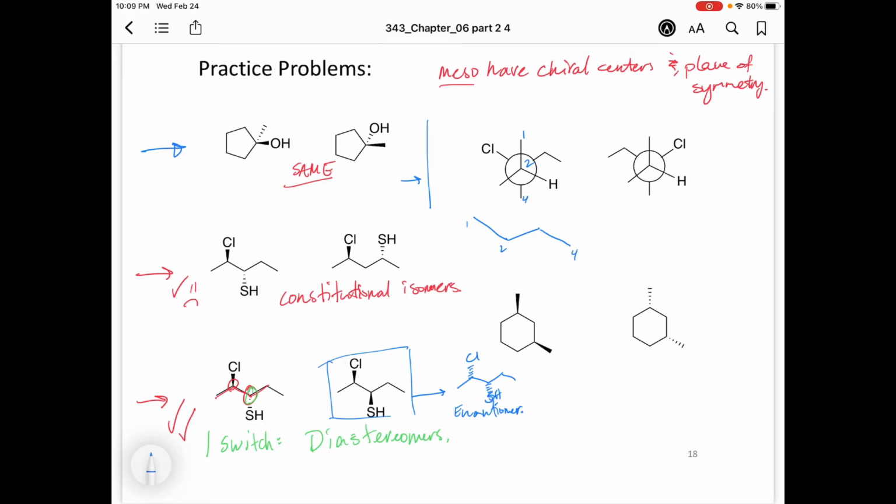So we know that the two groups on one side of this Newman projection will be on the same side of our molecule, meaning they're both going to be wedge or dash. So let's just choose one. In this case, it doesn't matter which we choose, because this is dependent on how we rotate this Newman projection. You might want to build yourself a model kit if this is still challenging for you.